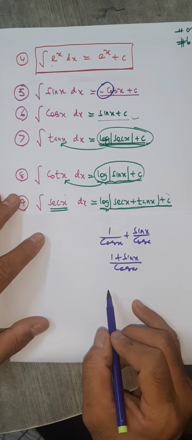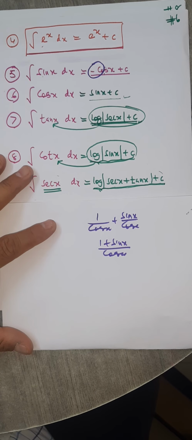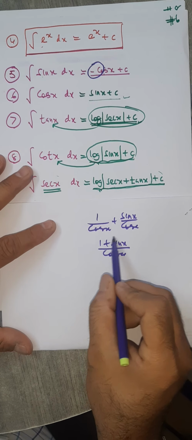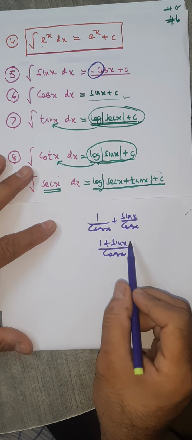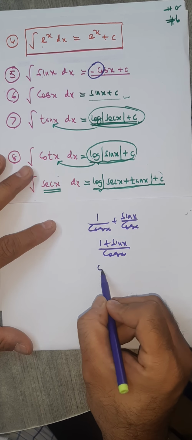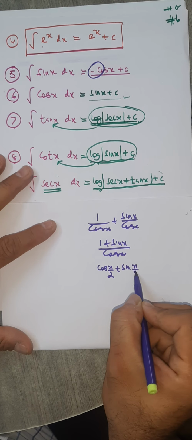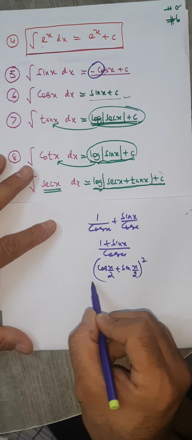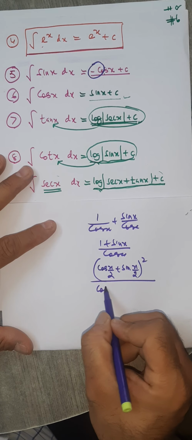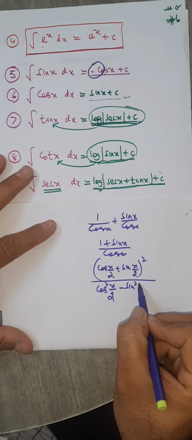Now here, this you can write as, for example, cos x by 2 plus sin x by 2 the whole square. You know this. This I can write, if you remember the half angle formula, cos square x by 2 minus sin square x by 2.